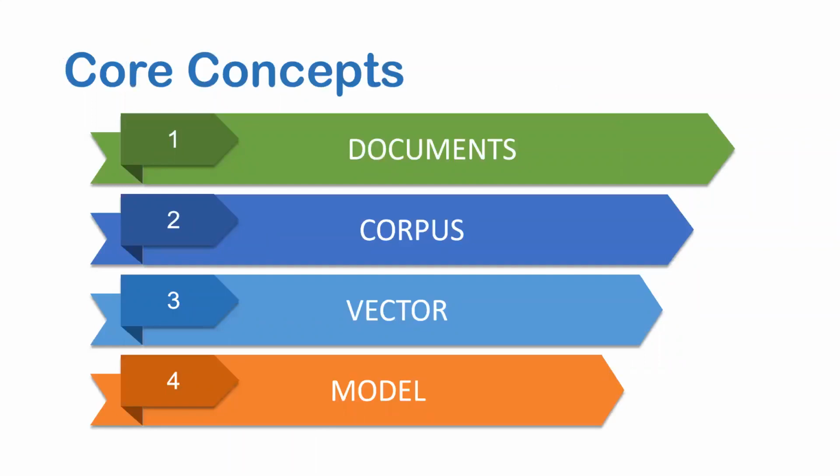Documents. A document contains unstructured data or just some text. It may be a tiny tweet or a long paragraph. Corpus. A corpus is a collection of documents or group of documents. It is an input for training a model.